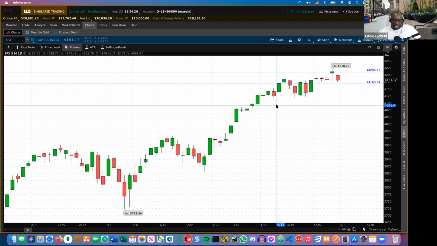So if market is going down, then you are selling a call credit spread, right? If market is going up, you are selling a put credit spread, right? And then immediately after selling, you put in your buyback order.